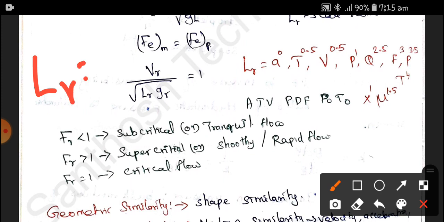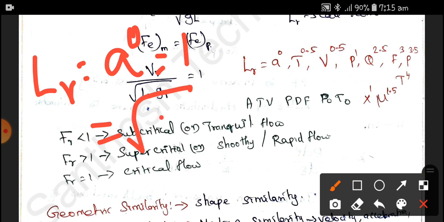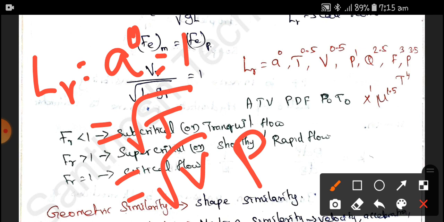If the length ratio is LR, for the area it is LR squared, that is equal to 1. If we want to find for the time, that is root LR, or for the velocity, it is root LR. For pressure it is LR, for discharge LR power 2.5, for force the LR ratio is power 3, and for power, 3.5.